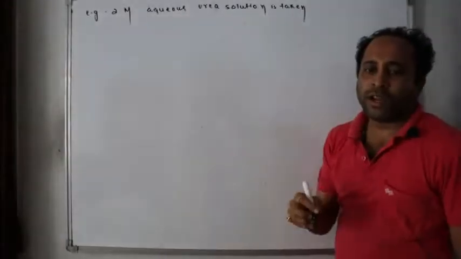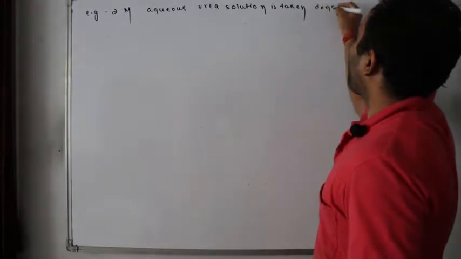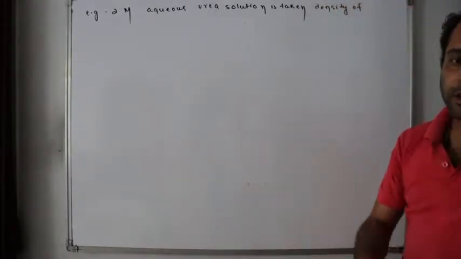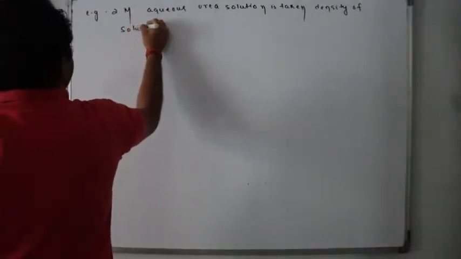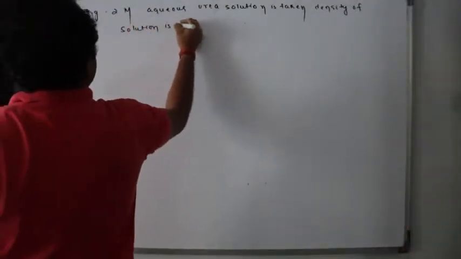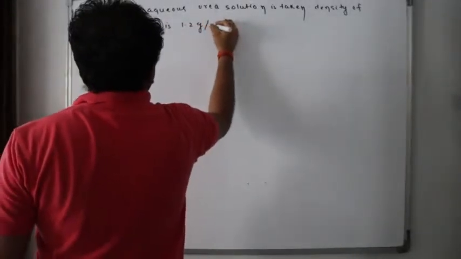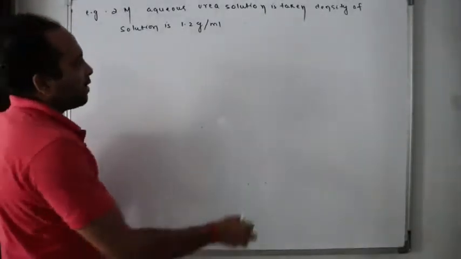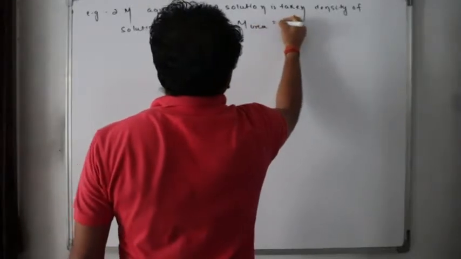Density of solution is 1.2 gram per ml. Mass of urea, you know that molar mass of urea is 60.